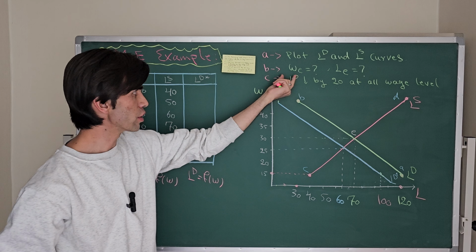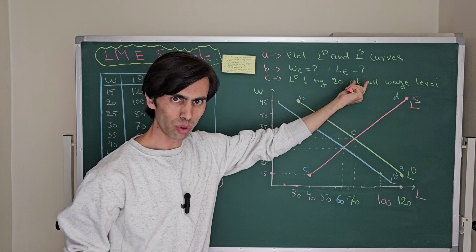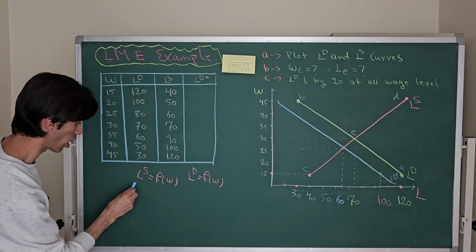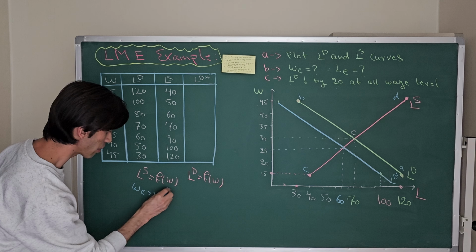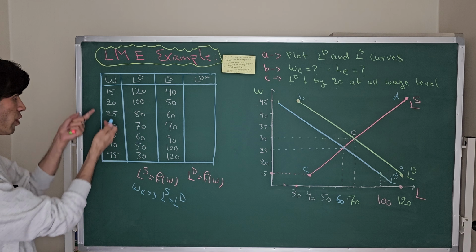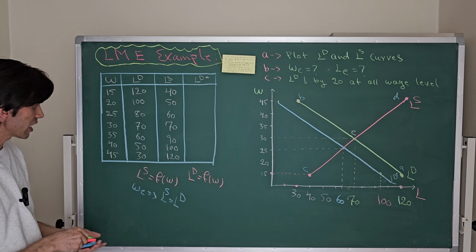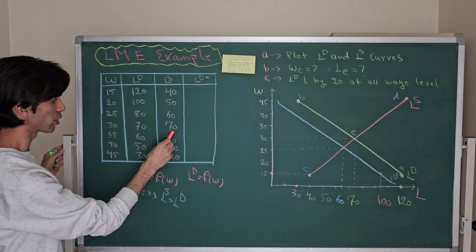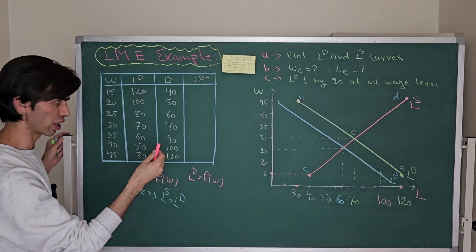Let's move to B, which is to find the equilibrium wage level and quantity of labor. We know from the previous videos that the equilibrium wage level, WE, is the wage level at which labor supply is equal to labor demand. Now see this table. At which wage level is labor demand equal to labor supply? We clearly see that when the wage level is 30, labor demand and labor supply are both 70.